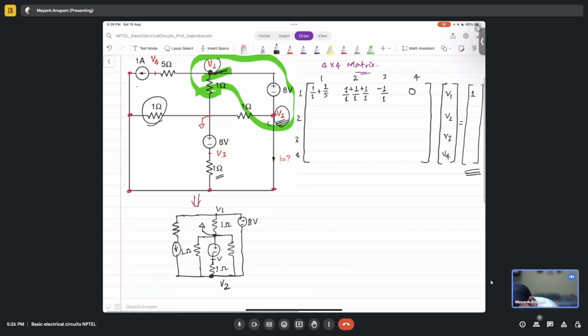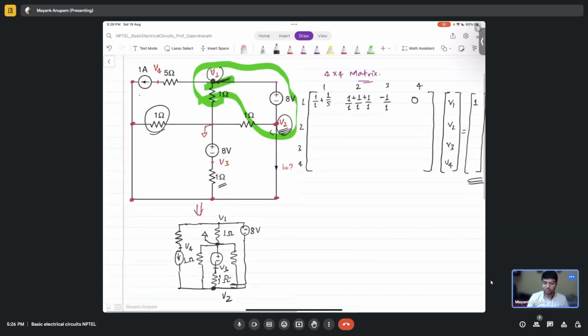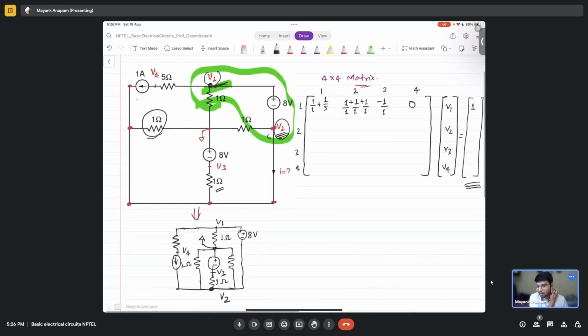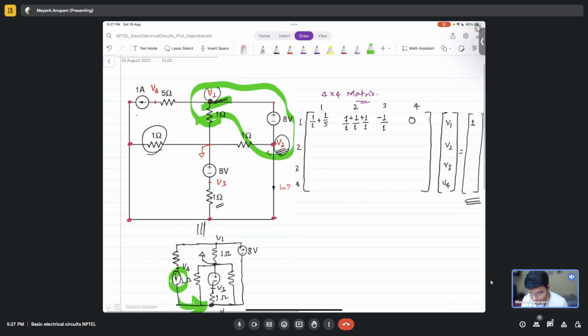Yeah, this is V3, and this is V4. Is this clear now? This is the same circuit that I drew here. So here you see clearly this 1 ampere current source is flowing into node V2, right?